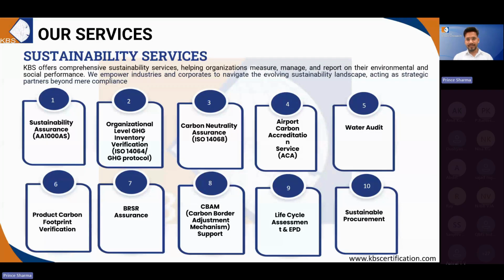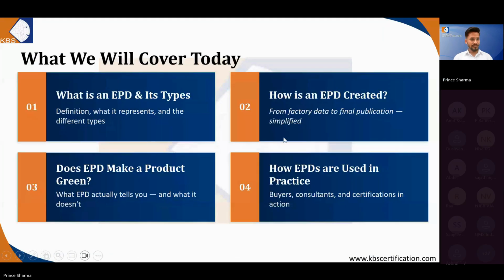So, directly coming to the content for the day. What we are going to cover today are the basics of the environmental product declaration. In that, we will go through what an EPD is and its types, then how an EPD is created, and how an EPD makes a product green.